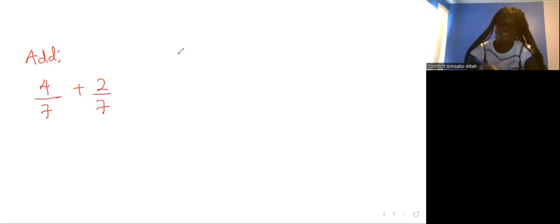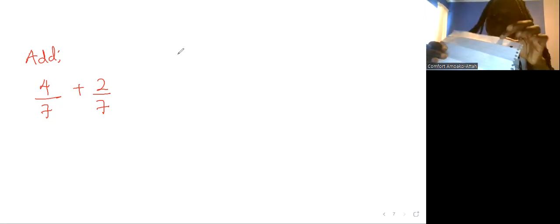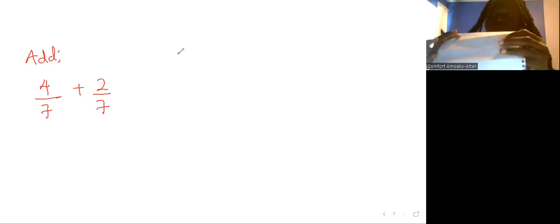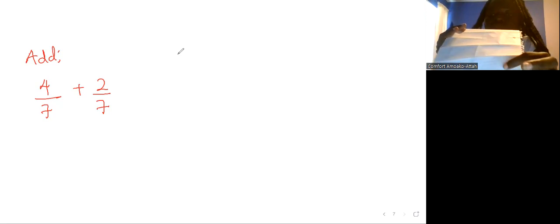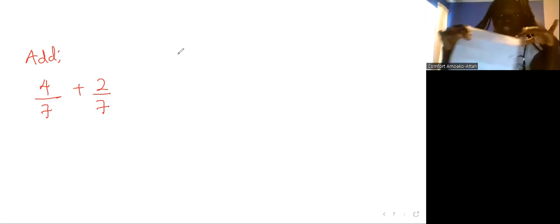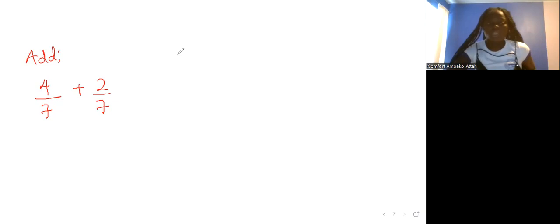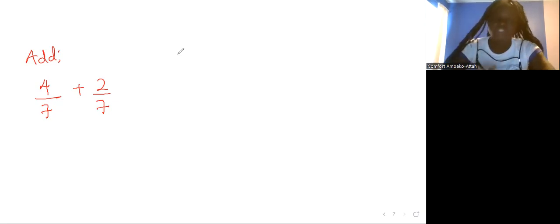I have my shaded portions now. Okay, so that is it. I have 1, 2, 3, and 4. Okay, and I have 3 unshaded parts because I divided into 7 actually, and shaded. I've shaded 4 parts out of it.